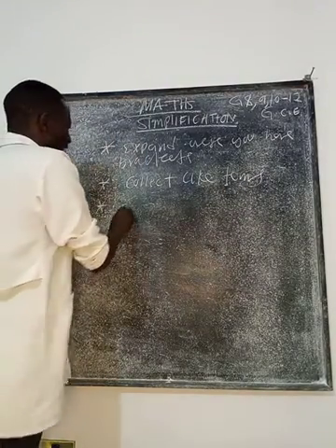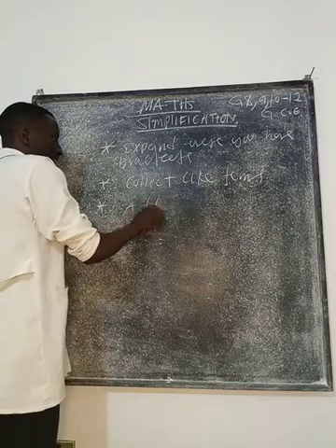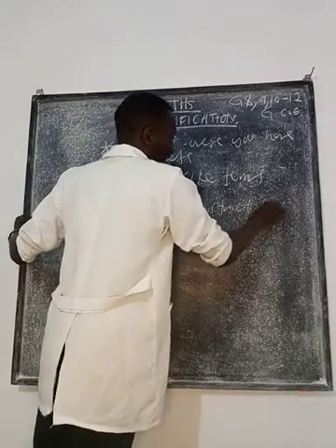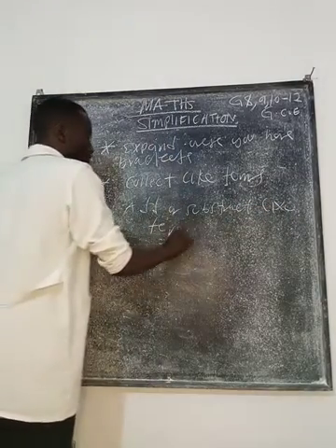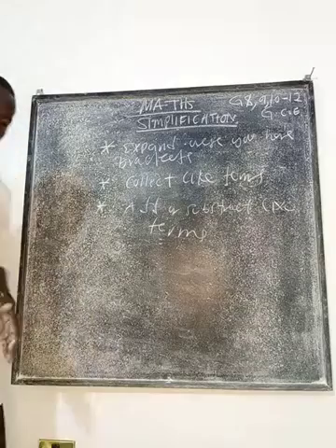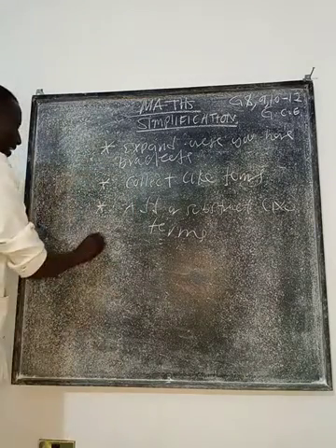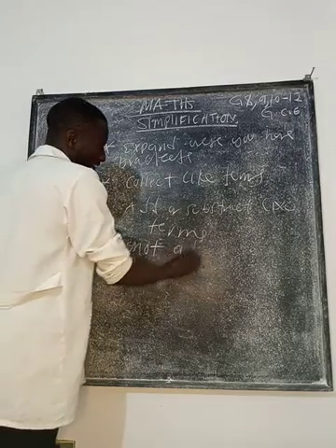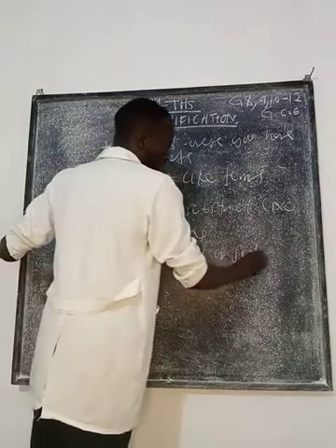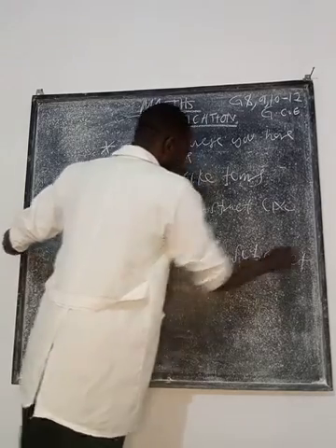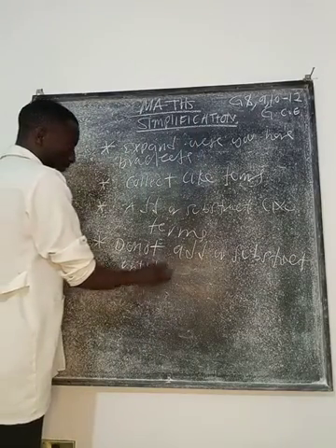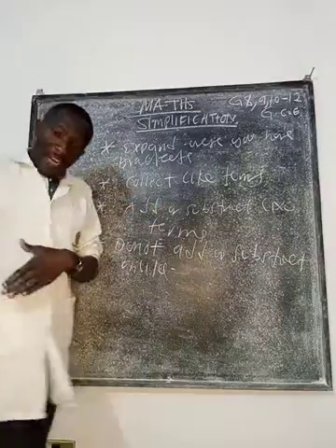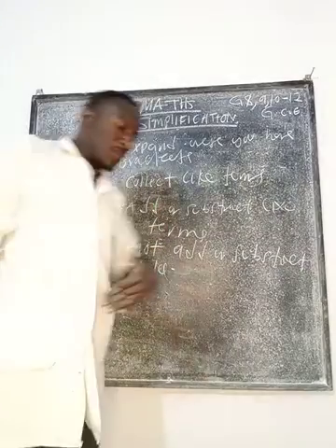Then add or subtract like terms. So like terms can be added, like terms can be subtracted. Then lastly, do not add or subtract unlike terms. Okay? Like terms can be added or subtracted, but unlike terms cannot be added.